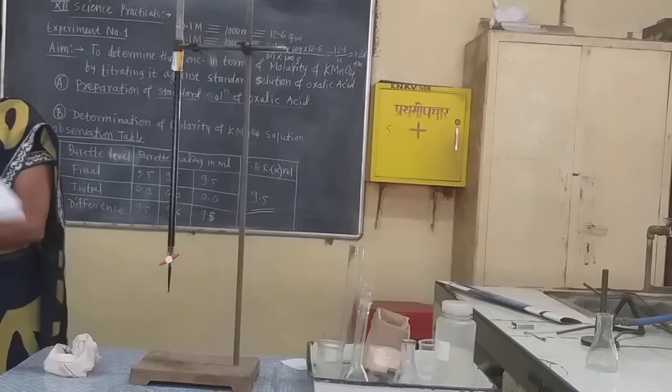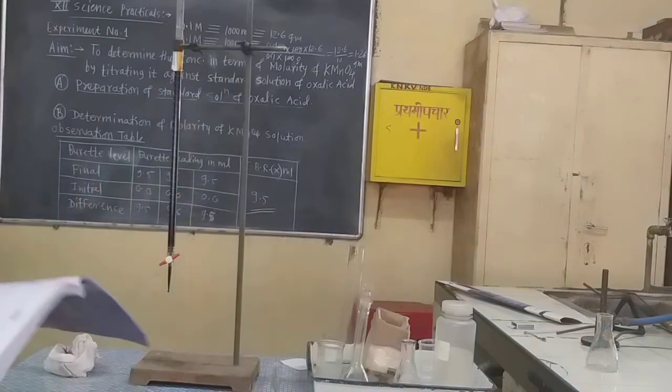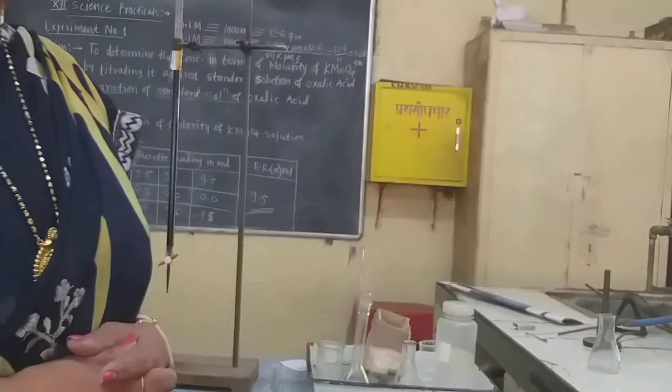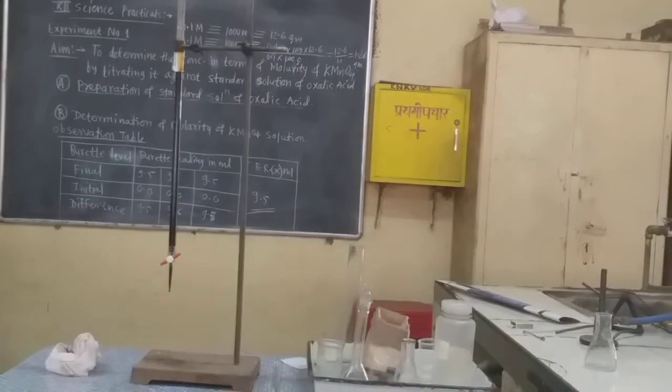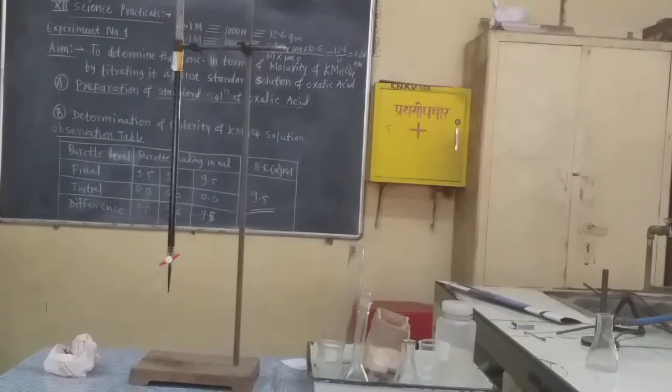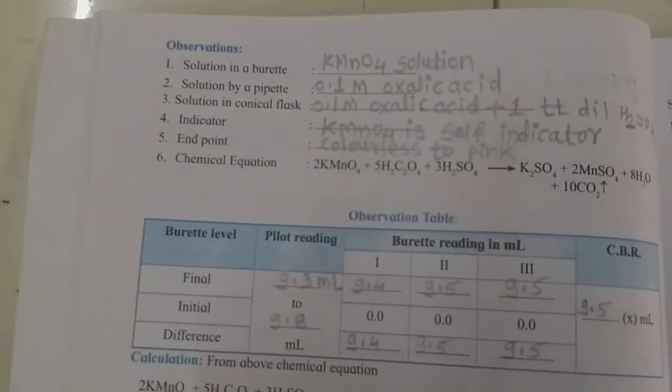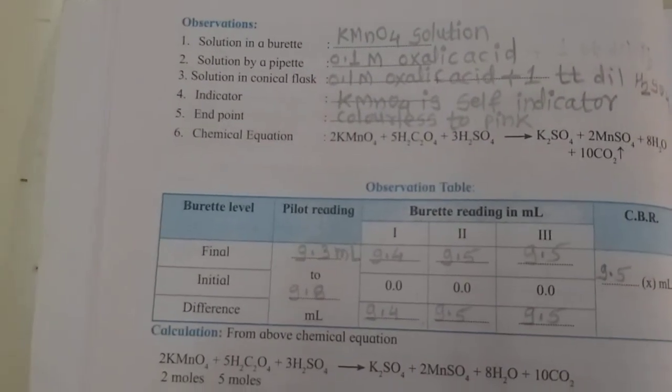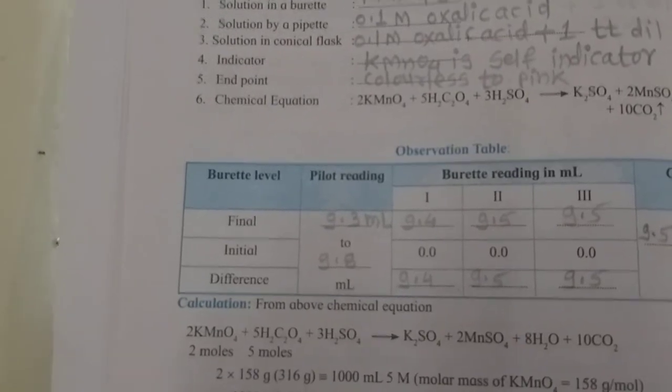Now the calculations are very simple. In the observations, the solution in the burette is potassium permanganate. The solution by pipette is the oxalic acid solution. Now see, these are the observations given in the 12th Science Practical Chemistry handbook.